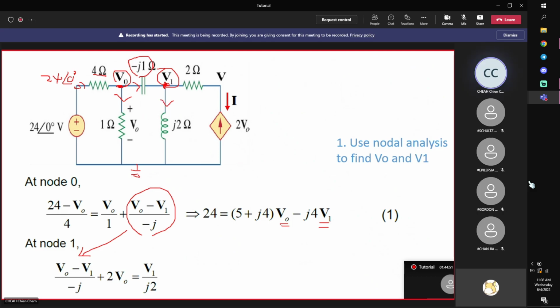And this one I'll assume outflow, so outflow V1 divided by j2. This is my outflow. And then I have one more. This one is inflow: 2V0 will flow into the node, so I have plus 2V0. Inflow on the left-hand side, outflow on the right-hand side. Inflow equal to outflow.